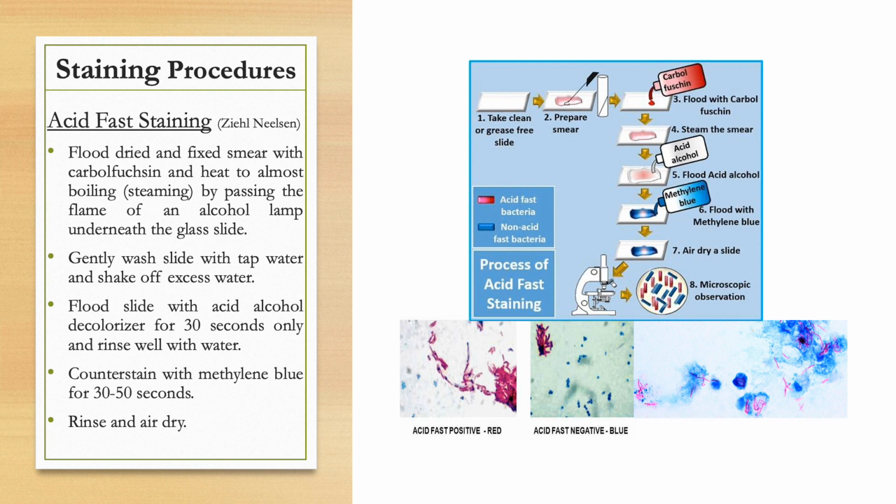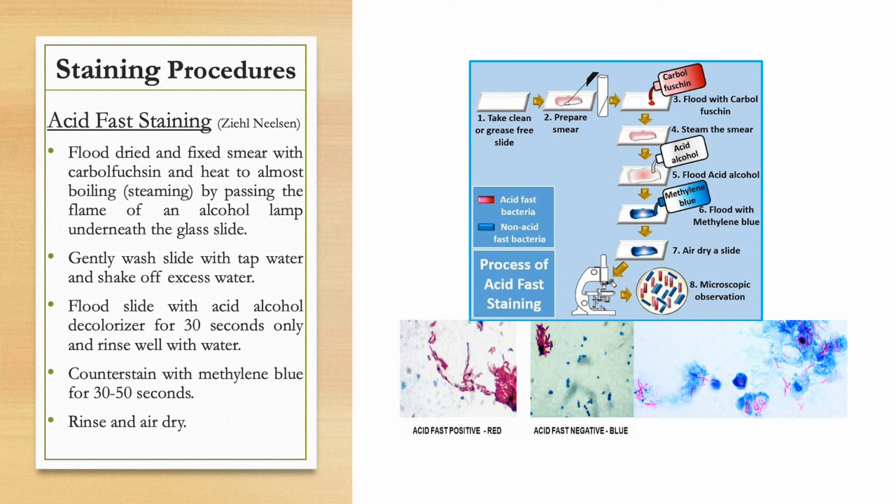And then you cool down your slide by gently washing it with tap water. Make sure to shake off the excess water. After that, you flood the slide with an acid alcohol decolorizer for 30 seconds only, right? So make sure that you don't go past 30 seconds. And this decolorizes all other bacterial cells except your mycobacteria.